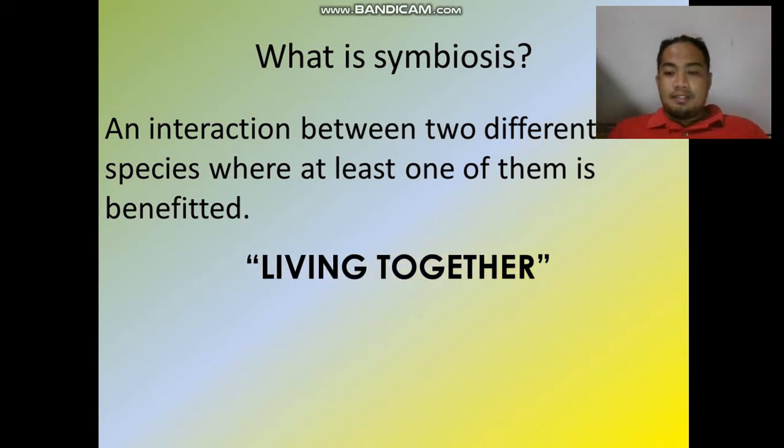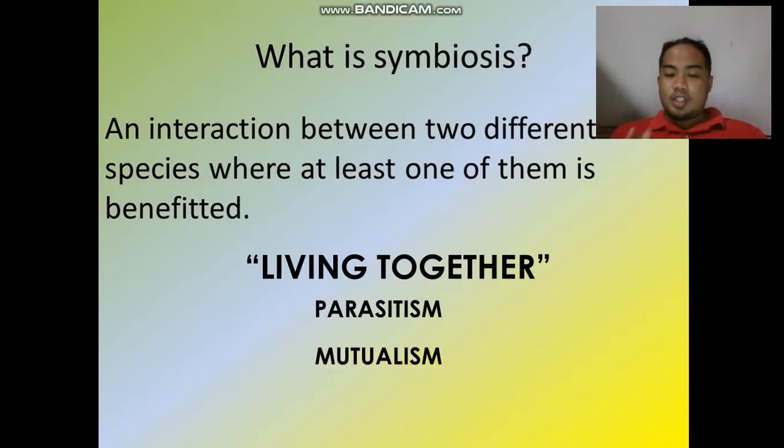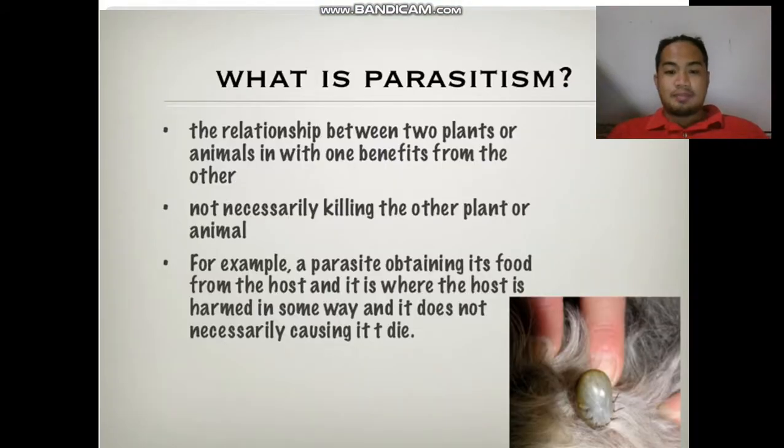It simply means living together. This includes parasitism and mutualism. What is parasitism? Parasitism is the relationship between two plants or animals in which one benefits from the other, not necessarily killing the other plant or animal. How many benefit in this relationship? One. Very good. But the host is not killed, even though the parasite takes its food.